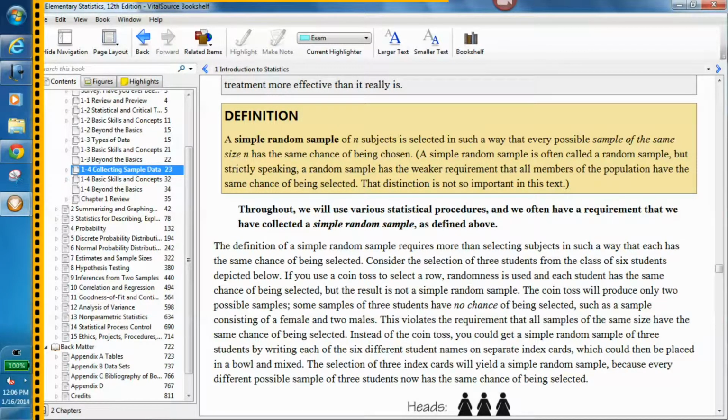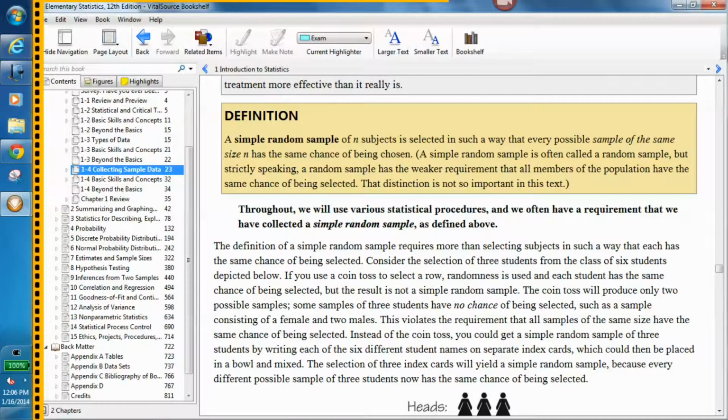Like if I wanted to do a simple random sample of 2 people in here, I would want to make sure that I selected those 2 people maybe out of a hat or some random way, where if I was to make another selection of 2 people, I still have the same chance of getting those 2 people again. So the chance of getting you and me needs to be the same as the chance of getting me and you, which needs to be the same as the chance of getting 2 other people in the class. So every selection has the same chance of being chosen.